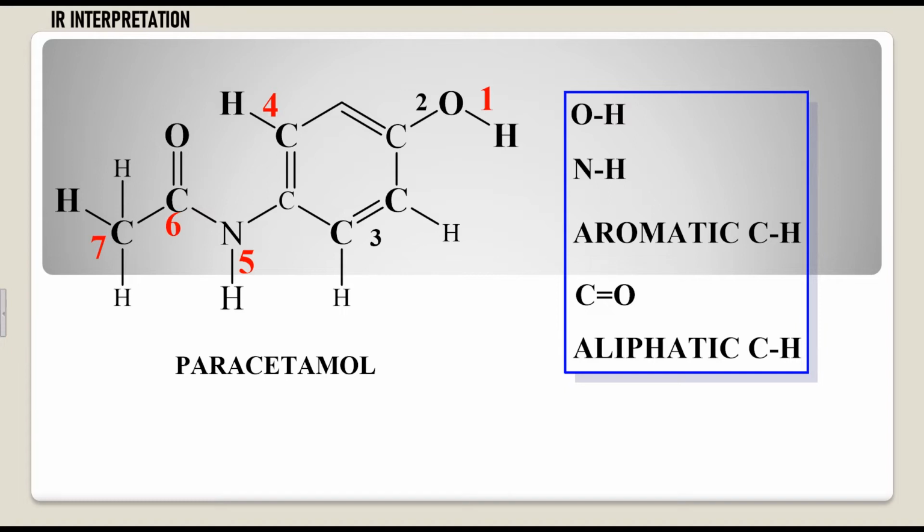Number one is OH, number two NH, number three aromatic CH, number four CO, the carbonyl functional group, and at the last, aliphatic CH. At least these five functional group peaks have to be there in the spectrum. Then only we can confirm the structure.